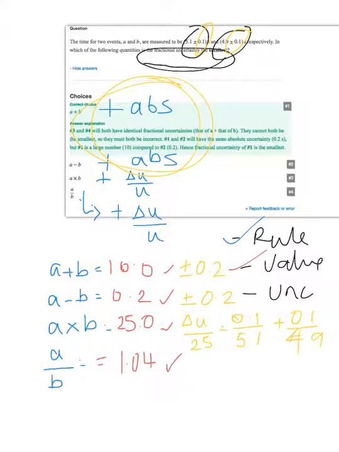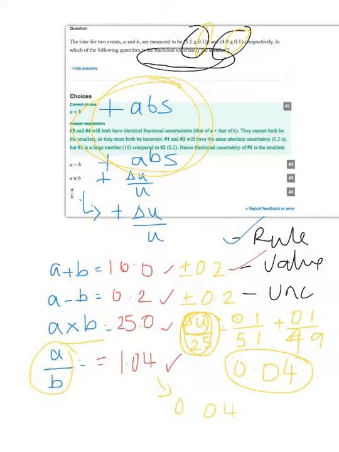So let's work that out, which gives you 0.04. Now that is the fractional uncertainty. It is not the uncertainty in U, it's the fractional uncertainty in A times B, right? Which is actually what we're looking for. And interestingly enough, here, because we're dividing, the fractional uncertainty is also 0.04.